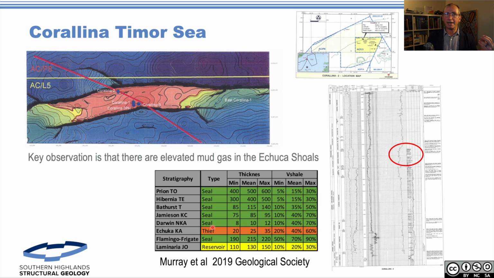The important thing is to recognize the difference between a reservoir and an aquifer. A reservoir has oil in it. Now, as soon as I get to oil or gas, as soon as I get to that red line there, which is my oil water contact, all of this is aquifer and all of this is reservoir. There's nothing actually very different. And the difference between a seal and an aquifer and an aquitard is not that great in reality.